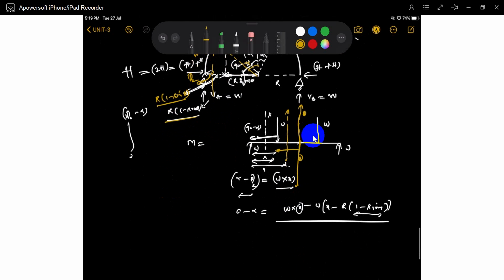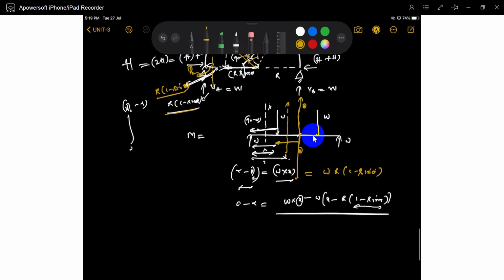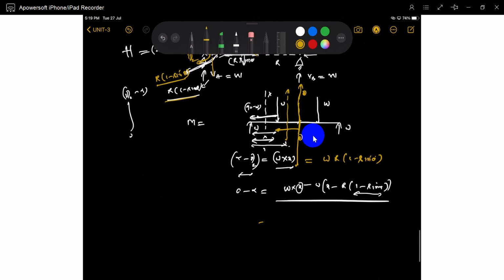If you observe it, w r 1 minus sin theta, that is from 0 to alpha to pi by 2. But for this section, w r 1 minus sin theta minus w r 1 minus sin alpha.